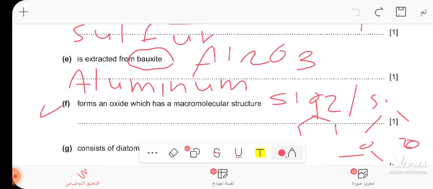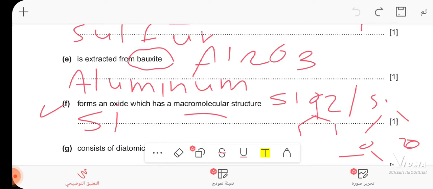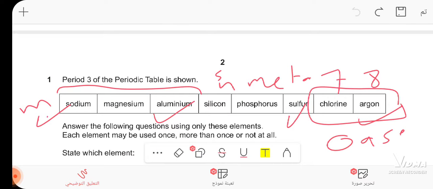We call them a giant structure. SiO2 is a common compound, such as diamond, in the topic of bonding. SiO2 forms a giant structure or macromolecule. So silicon is our right answer.